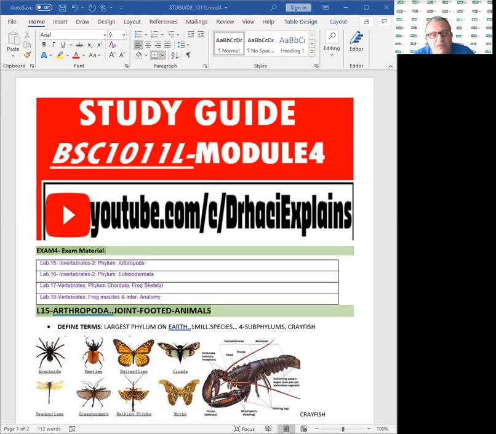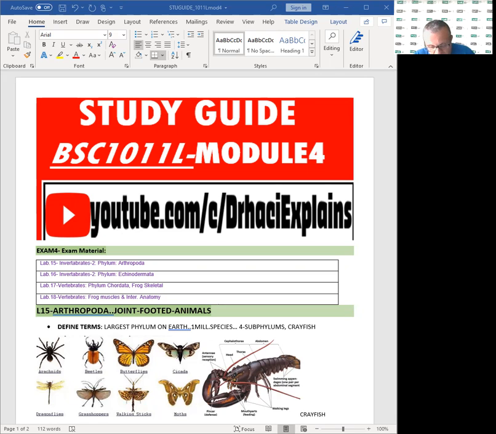lab 15, phylum Arthropoda. As you know, Arthropoda is the biggest one because it has more species than any other, more than 1 million. We have subphyla here. Make sure you study all 4 subphyla in this phylum, and the subphyla have different species like crayfish, crabs, shrimps, and barnacles.